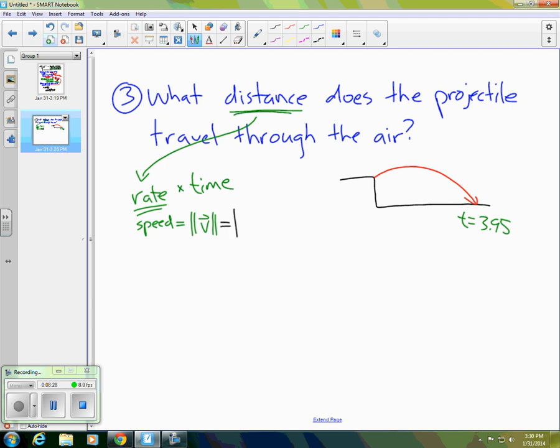All right, so let's go ahead and find the speed. So it's the magnitude of our velocity vector, which was 75, and then negative 32t plus 53. Okay, so we need the magnitude of that vector, which means we square each component.